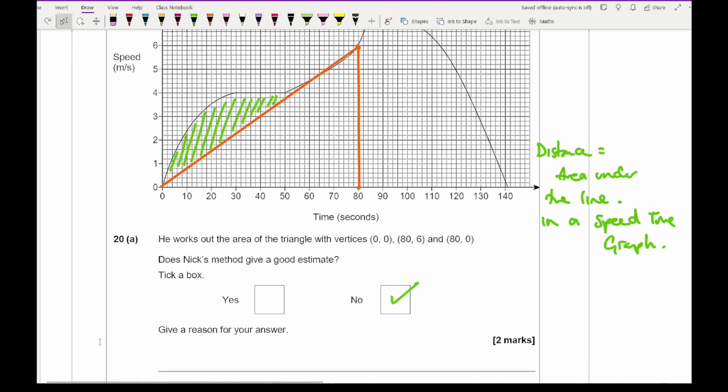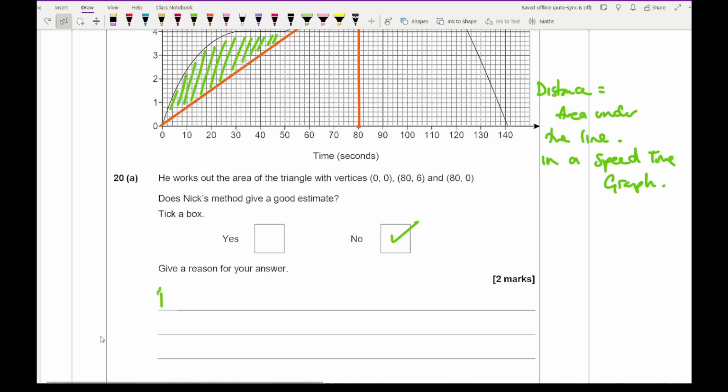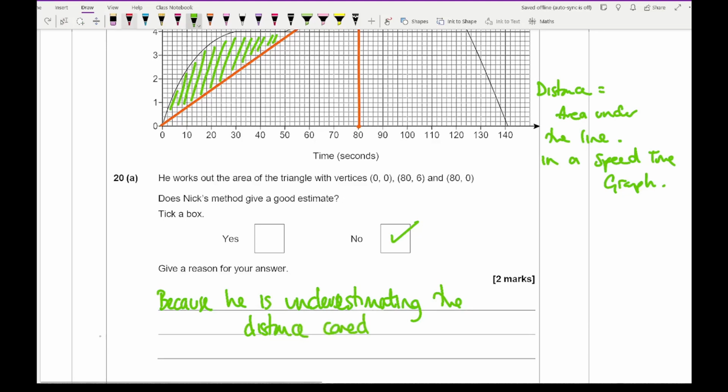So I would go out on a limb and say that the answer is no, because he is underestimating the distance covered, which is not spelled correctly, between 0 and 50 seconds. So something along those lines would have been absolutely fine.